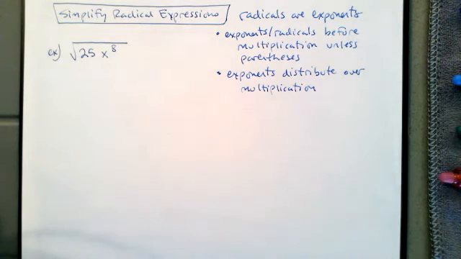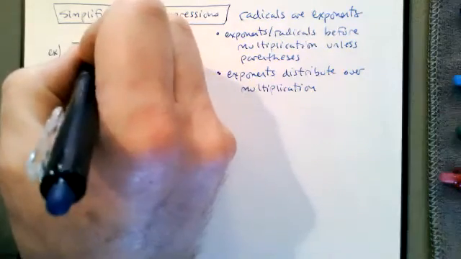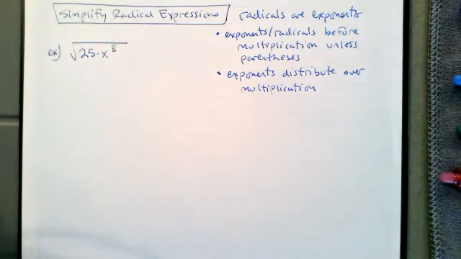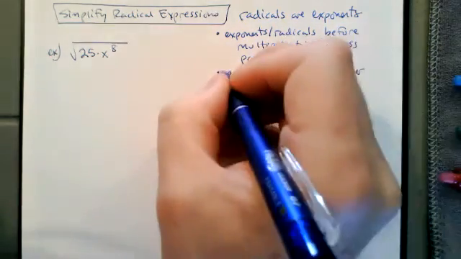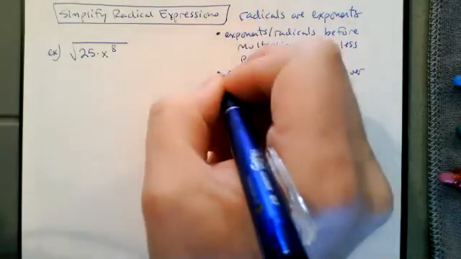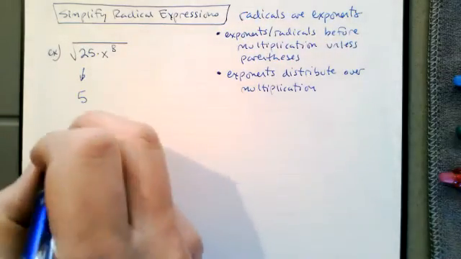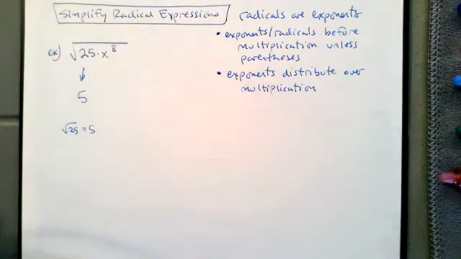What we're doing is thinking of the radical as an exponent, and using the distributive property of exponents over multiplication, applying the radical to each factor. The way we would naturally read this is the square root of 25 is 5, and the square root of x to the 8th is x to the 4th.